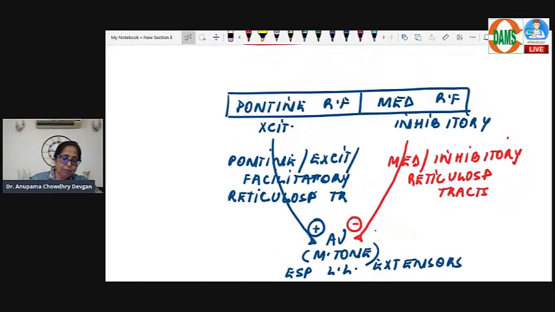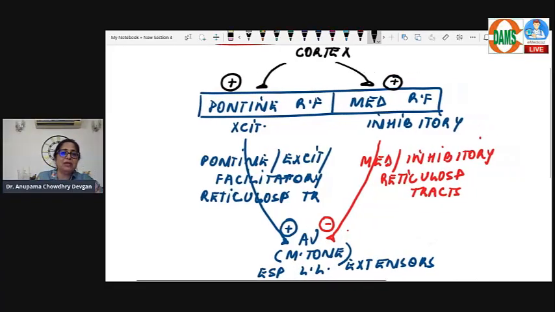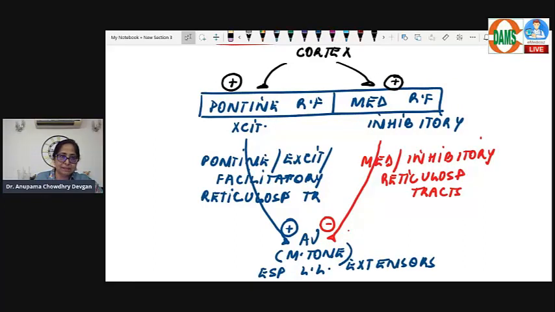Now, both the pontine and the medullary areas receive excitatory fibers from the cortex. Cortex will send excitatory fibers to both the pontine and the medullary areas.